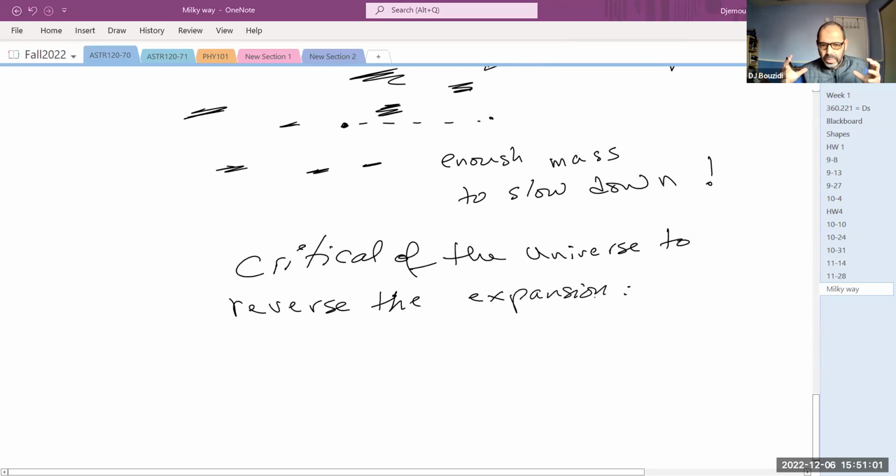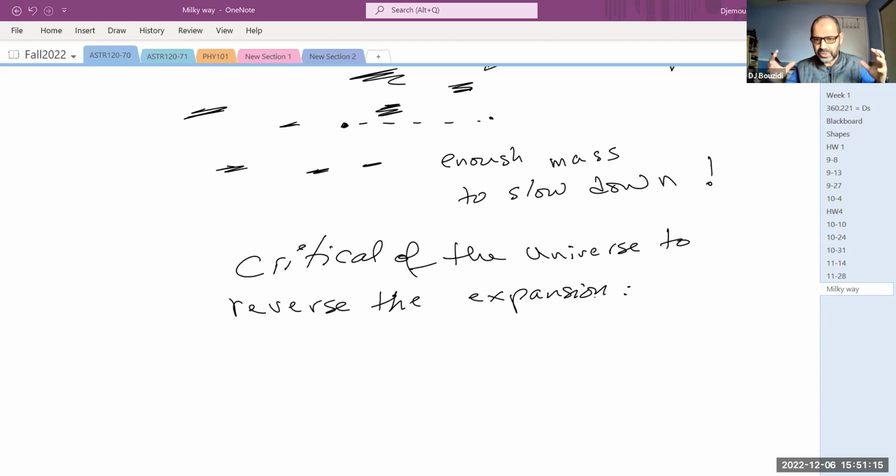We want to know how much mass in the universe is needed to slow it down and then bring it back. If we don't have that density, if we don't have that mass, then the universe will probably stretch forever and ever. If we have very little density, actually, everything will fly away like an explosion, basically. So that is the whole point here.